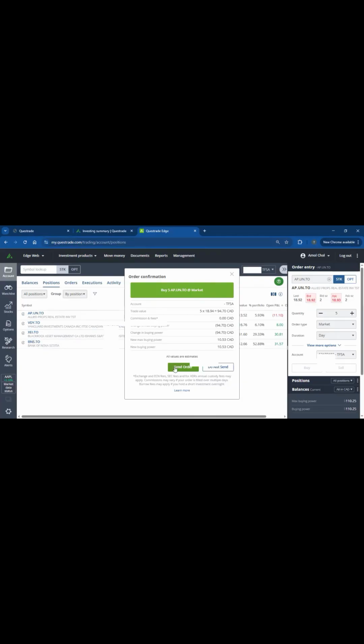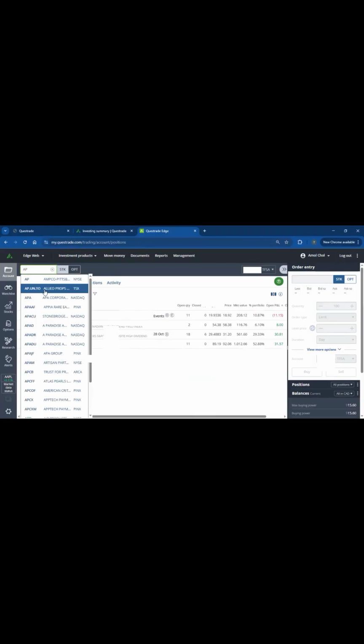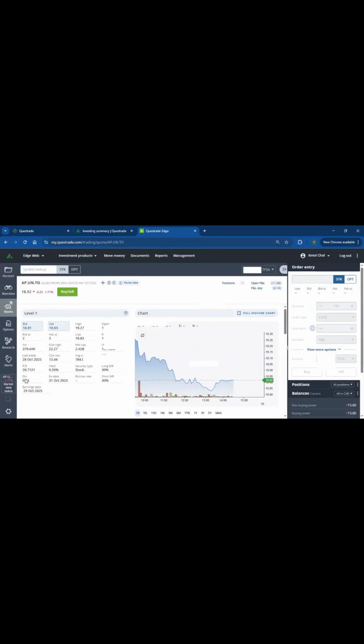So send. Now we have 11 shares of Allied Properties. But how much dividend do they pay a month? If you look at this part, Allied Properties pays 15 cents per share a month because it is a REIT. REITs pay their dividends monthly. So if you have 11 shares, how much dividend are you going to get a month?